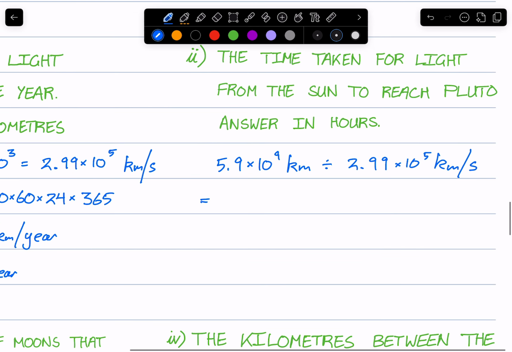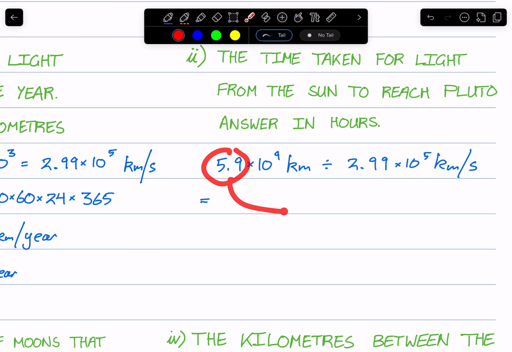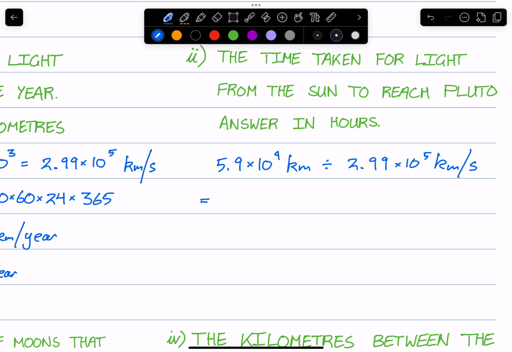So we can do this simply by using the decimals and using index laws for these ones. So take a look. It's times 10 to the power of 9 divided by 10 to the power of 5. By index laws, that gets us 10 to the power of 9 take away 5, which is 4.